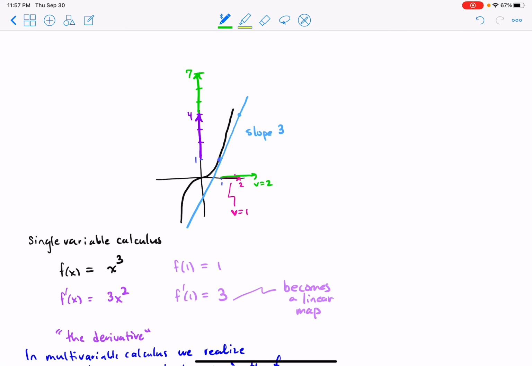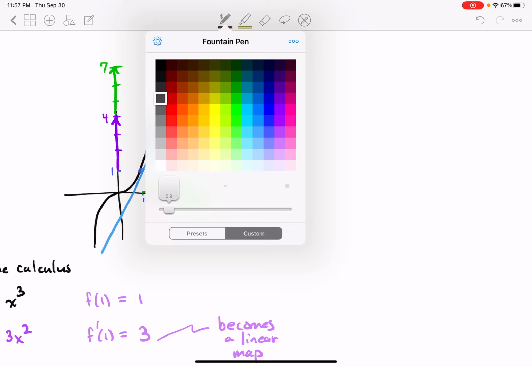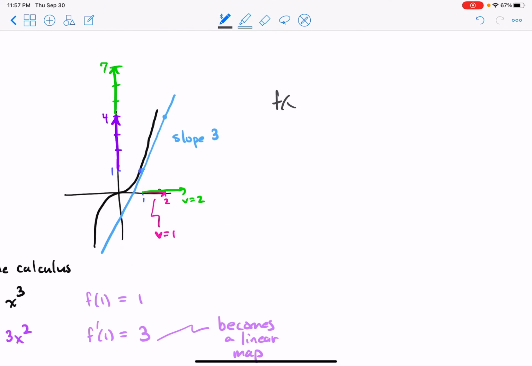Okay. And this is what you get if you use the approximation formulas, like f of x plus v is approximately equal to f of x plus the derivative of f at x in v. In single variable calculus, we would have said f prime of x times v.